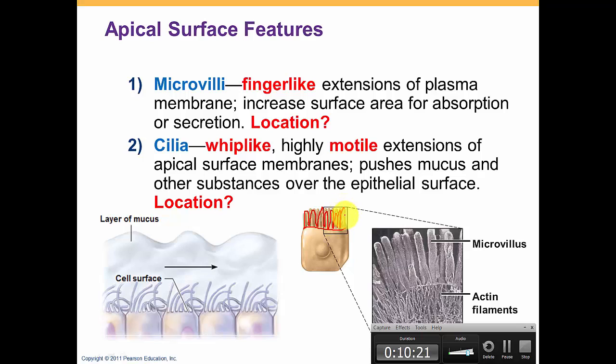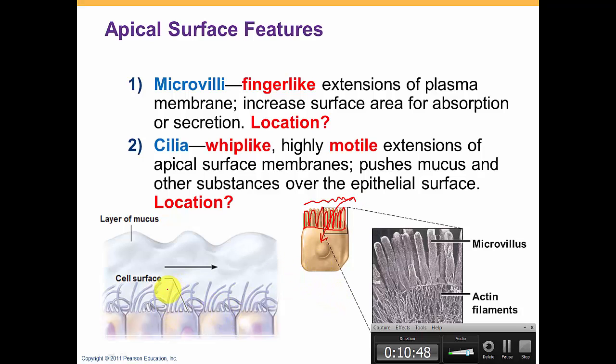And why do we need to increase the surface area? Well, in some areas like the GI tract or the kidney, we need to increase absorption. So if we increase the surface area, we'll have more contact with the contents in the lumen, and this increase in surface area will make the cell more efficient in absorption.